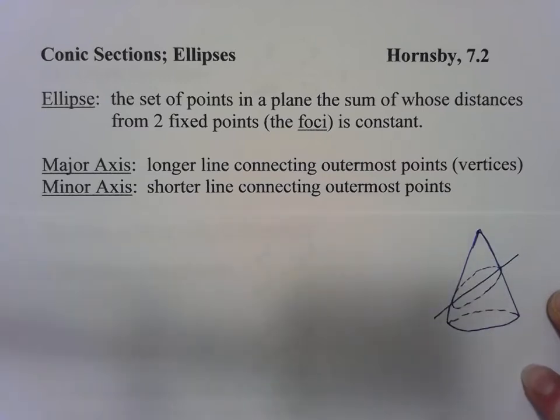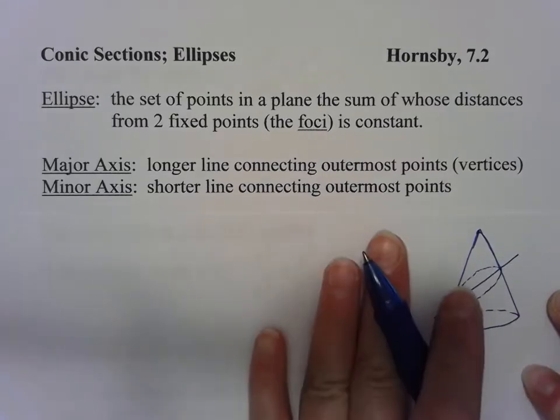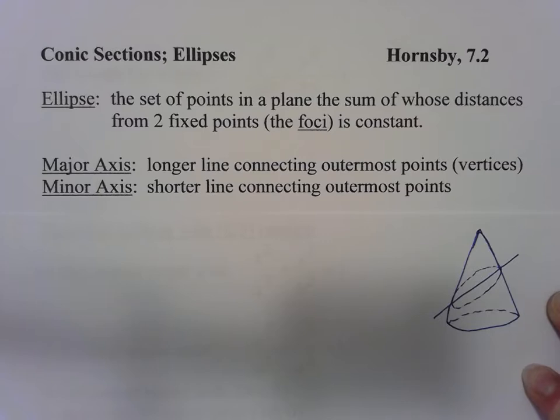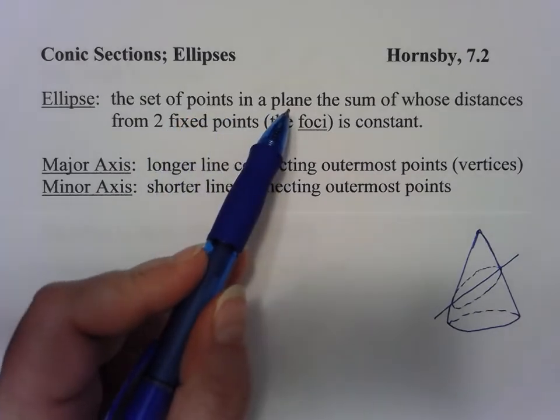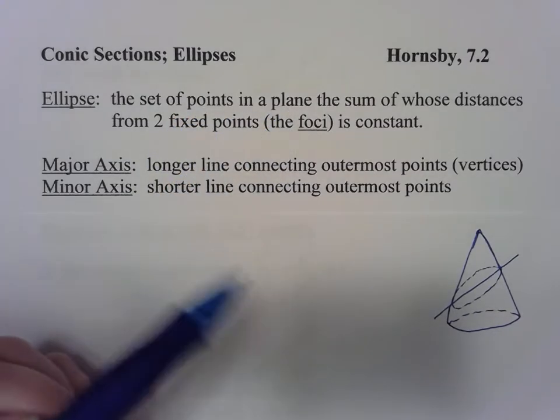And if we were to make a really thin slice and lay it flat on the paper, you would see that it would look like an ellipse. So when it says here the set of points in a plane, that just means that this is a two-dimensional shape.